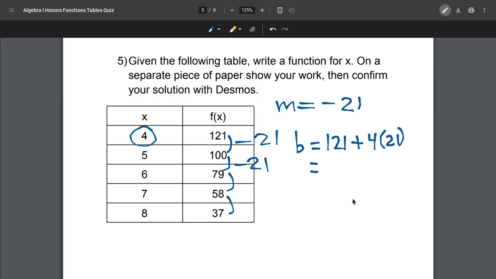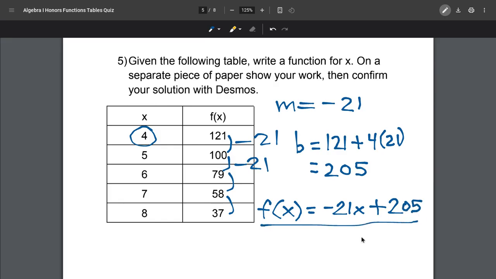And we get 205. So my function is going to be f of x equals negative 21x plus 205. There we go. All right.